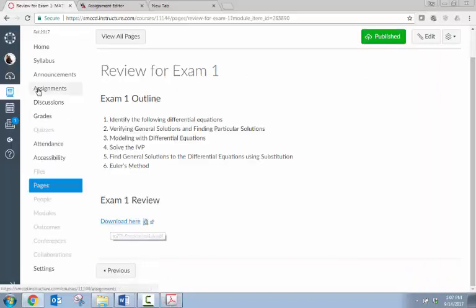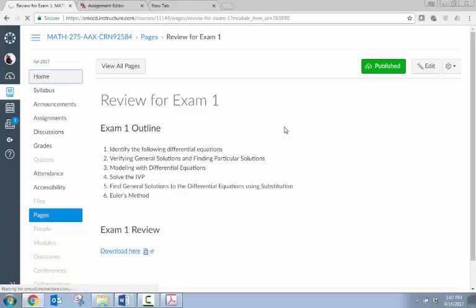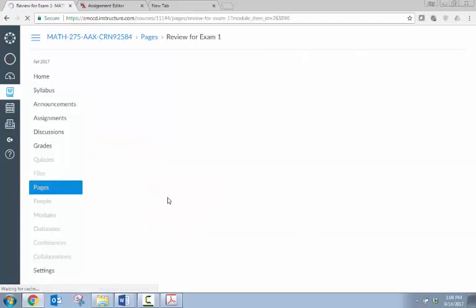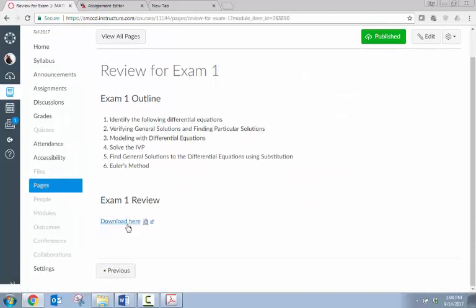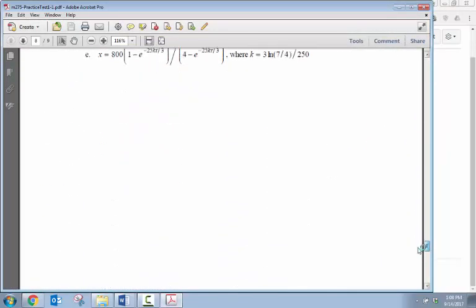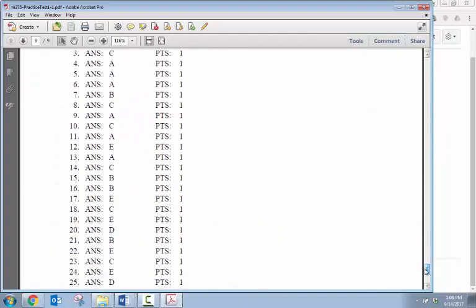What area am I looking for? So we're at the home page, and under class lectures, there's an outline and notes, and then the next set is review. Is there an answer key for the review? Oh yeah, look at that.